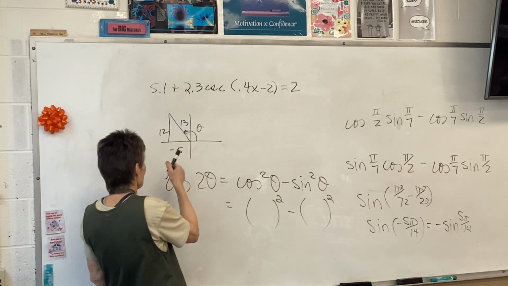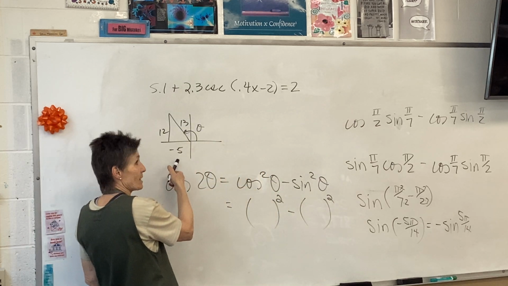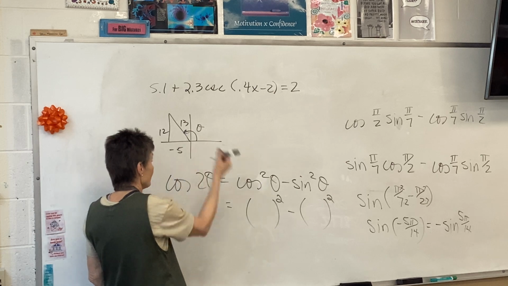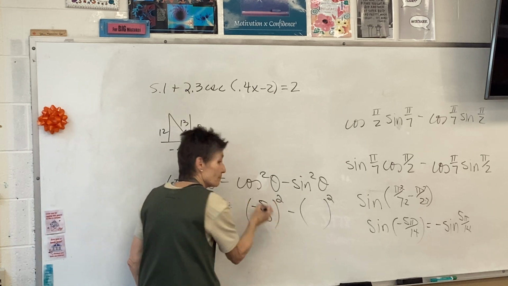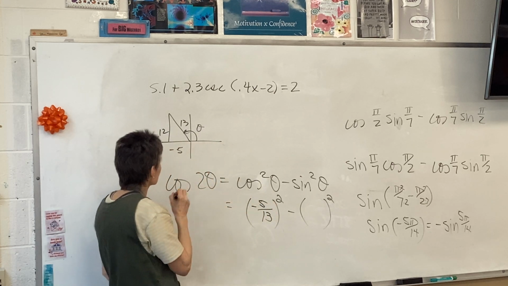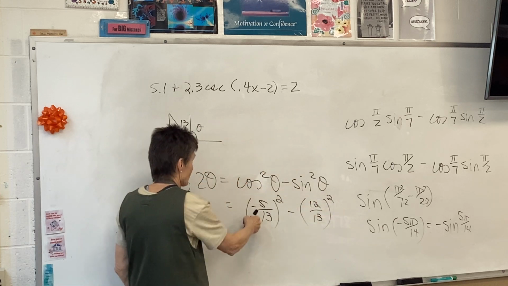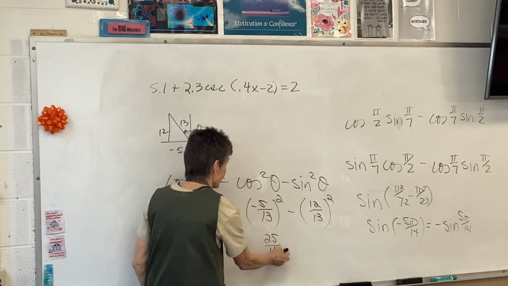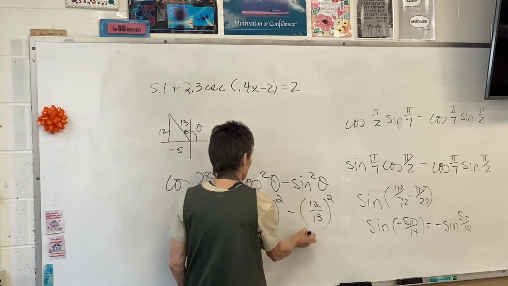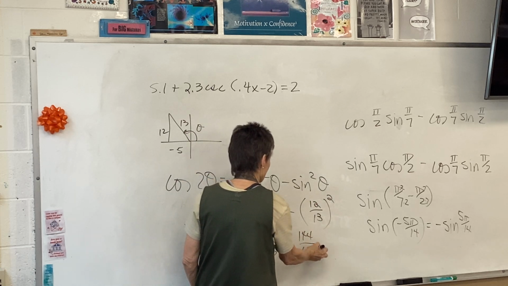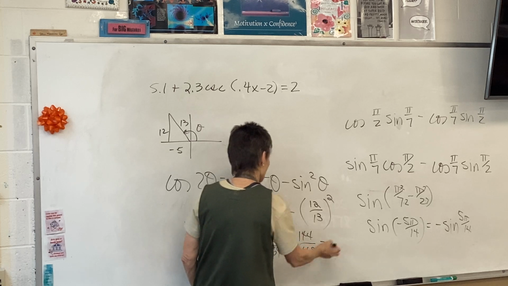Looking at my picture, the cosine is negative 5/13 and the sine is 12/13. So this is going to give me 25/169 and 144/169.